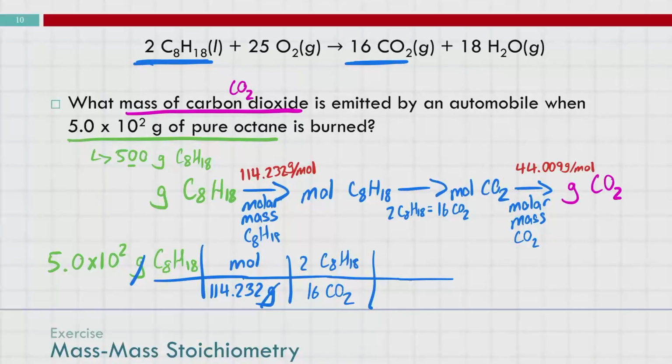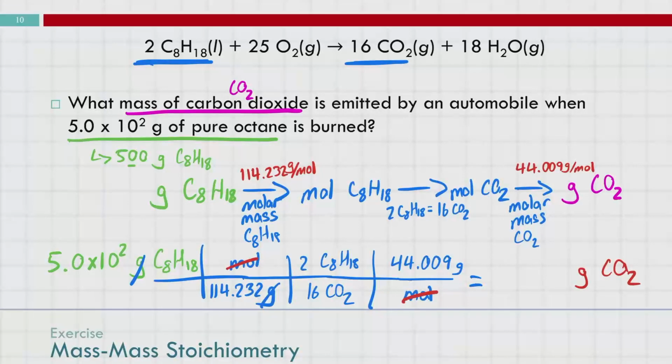So we're going to do times 44.009 grams per mole. Put an equal sign. Our moles is going to cancel our moles from earlier, and we're hopefully going to end up with grams CO2.